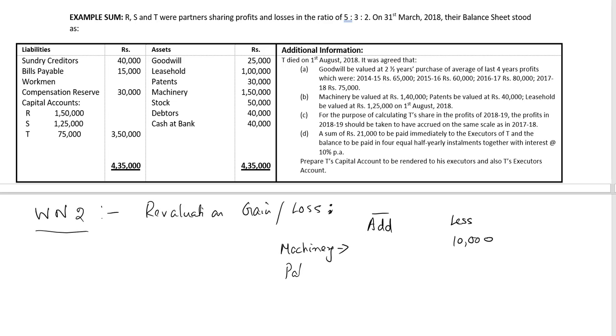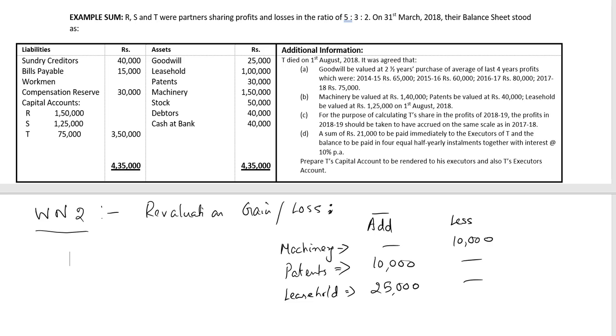Next, patents to be valued at 40,000. Book value is 30,000. So under add I will write 10,000. Finally, leasehold to be valued at 1,25,000 against 1 lakh book value. So it's 25,000 under add. So 35,000 is the total of the adds and 10,000 is the total of the less.